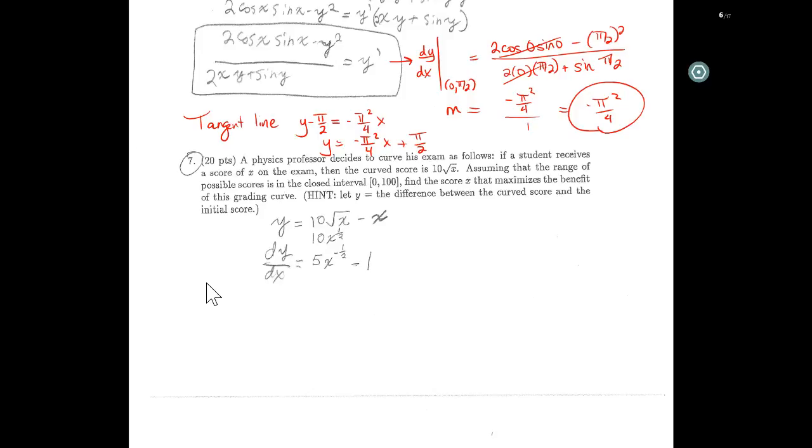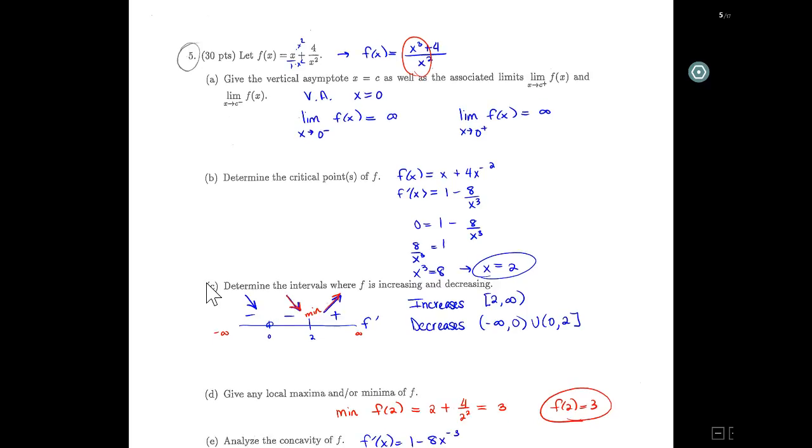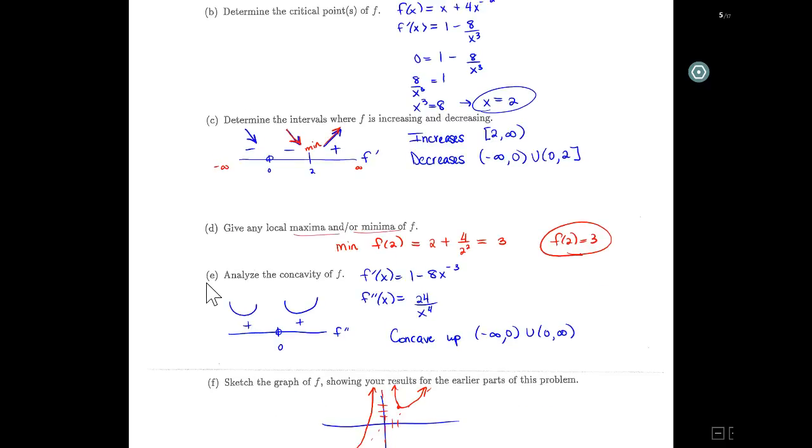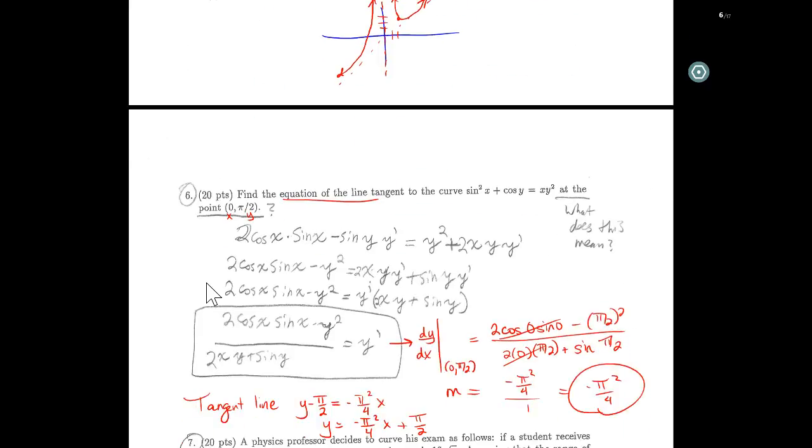So let's see. We're finding x that maximizes. Then you find the derivative. The derivative looks fine. So what we did back here, just a reminder, when we find maxima or minima, we want to find the derivative, set it equal to 0, and evaluate.